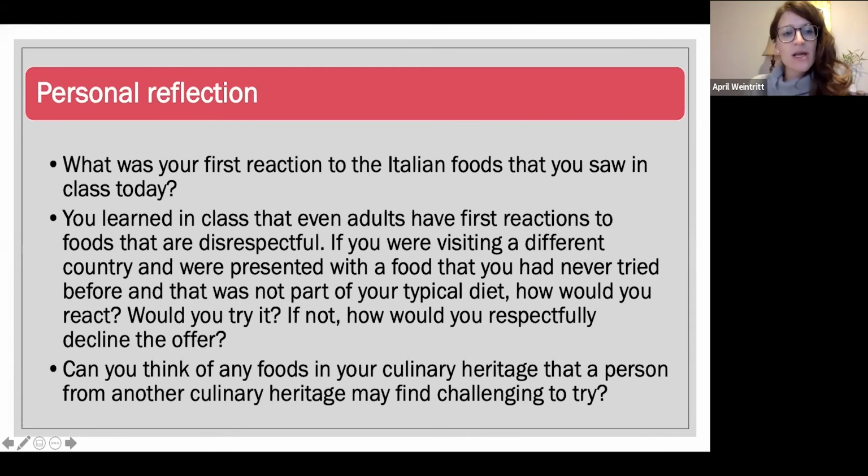So in this second question of the reflection, we're asking students to picture themselves adapting and being respectful of others. And in the third question, we're sending it back to self-awareness and agency, and which foods from their culinary heritage a person from another one may find challenging to try. So allowing them that self-expression and that self-space.